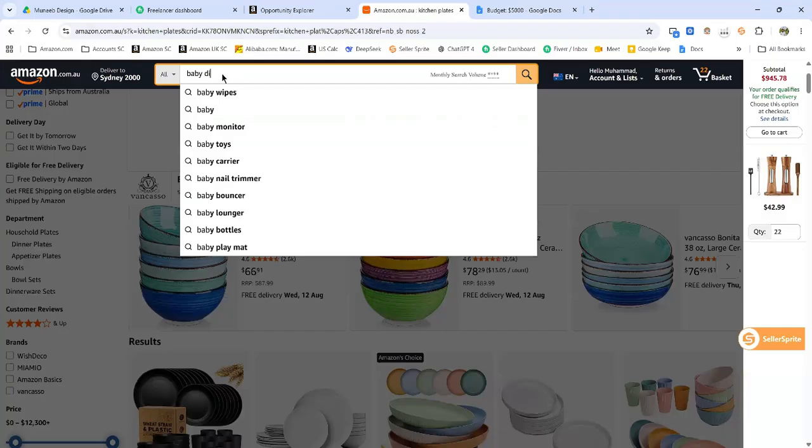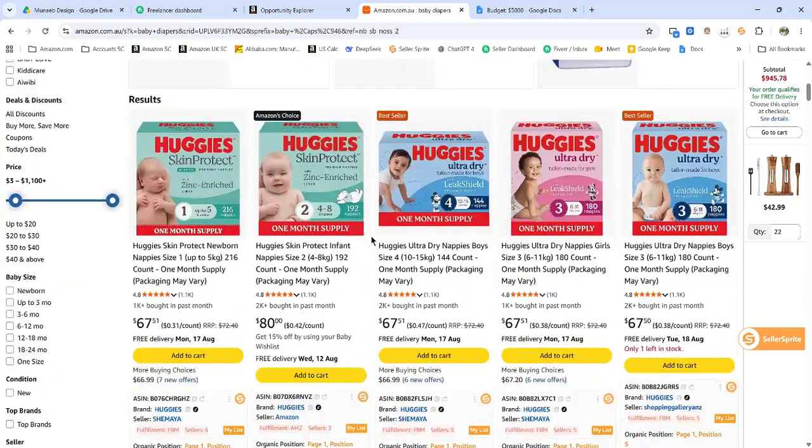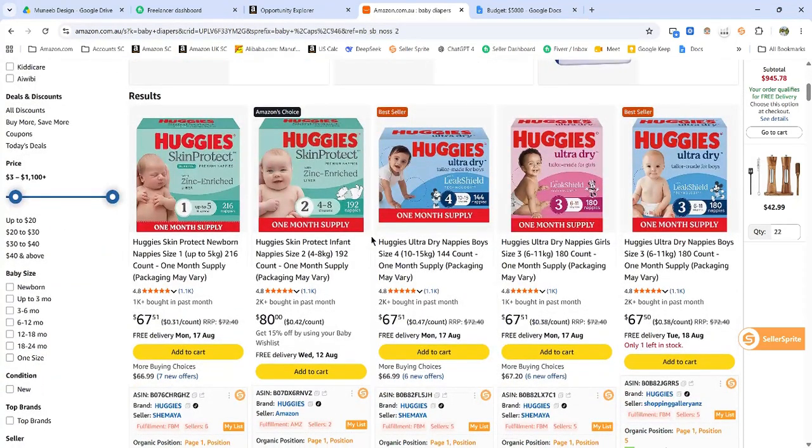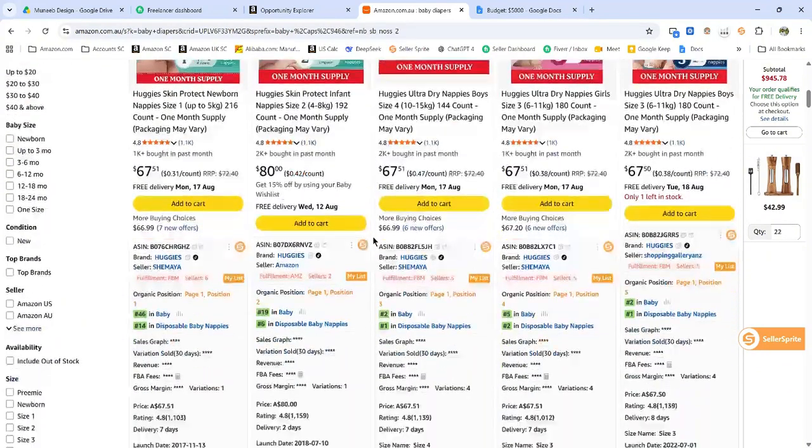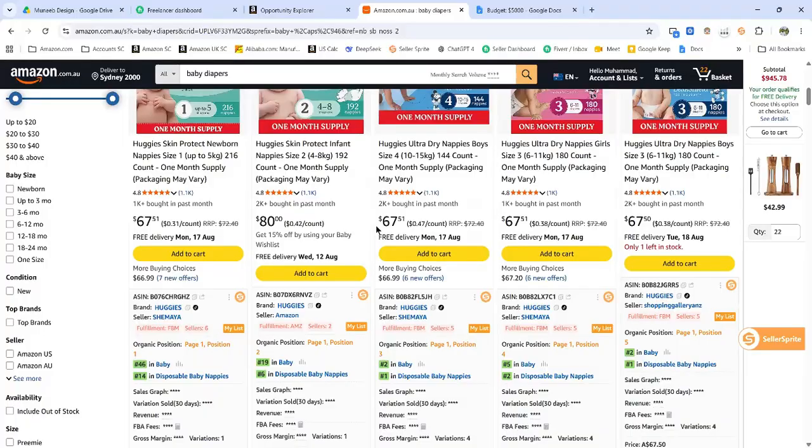Diapers are very common products available everywhere, and they usually have very high demand and very high competition.